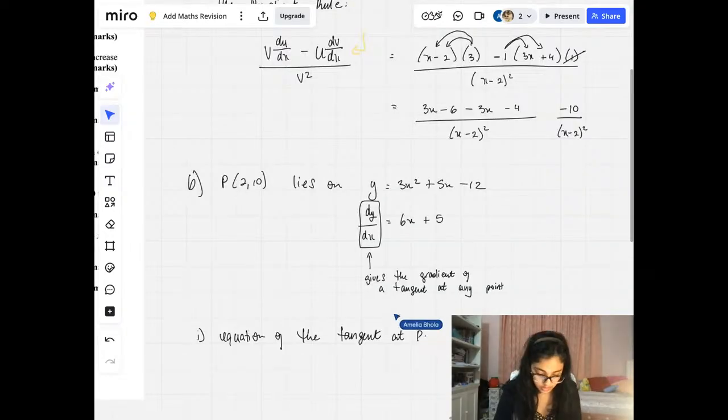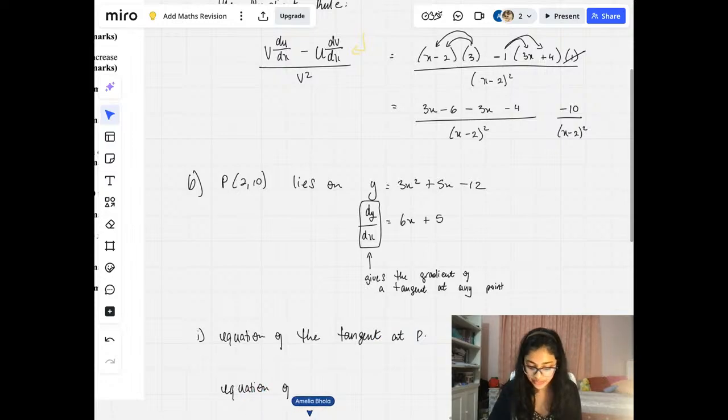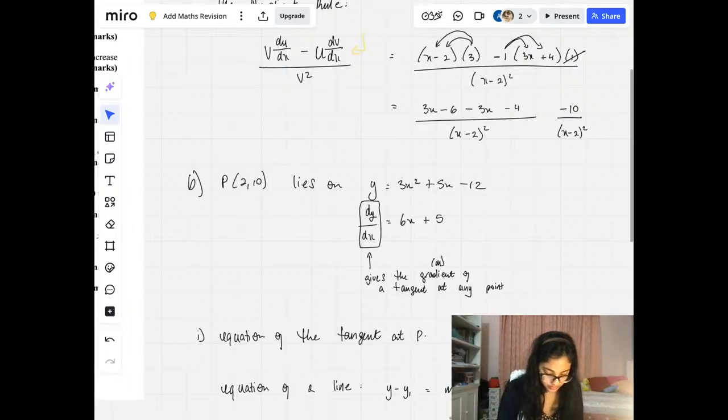So first, I'm going to start off by saying that the equation of any straight line, this is called the slope-intercept form. y minus y1 is equal to m times x minus x1, where m is the gradient.